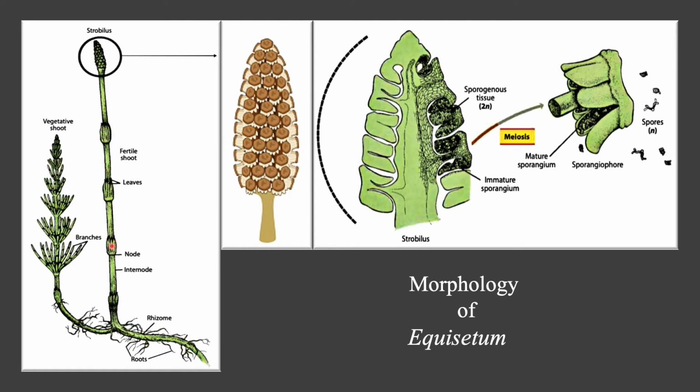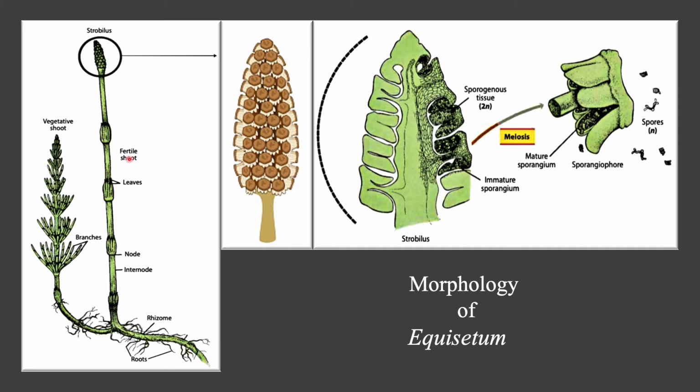The stem is not smooth but has ridges, furrows or ribs, and is divided into joints, that is nodes and internodes. Therefore, these plants are also called arthrophytes. Arthro means jointed and phyte means plant.